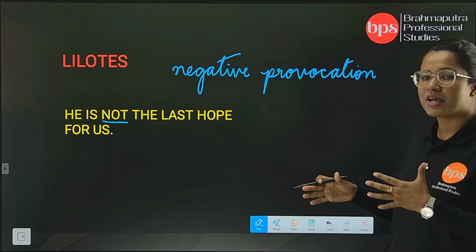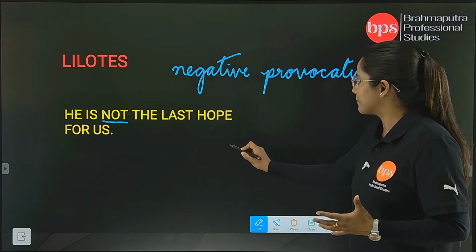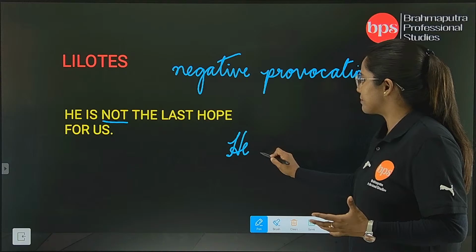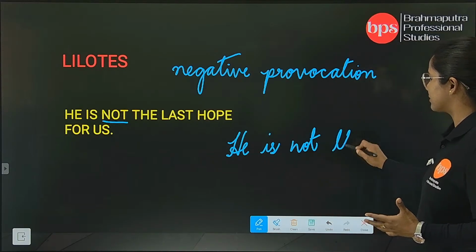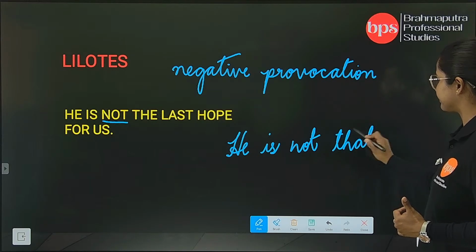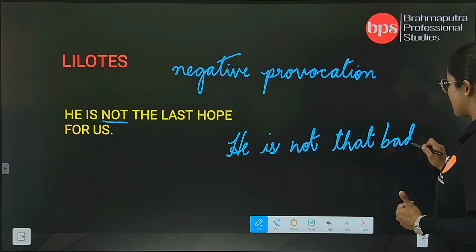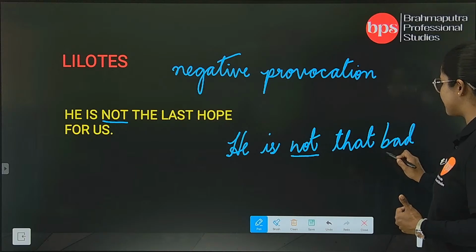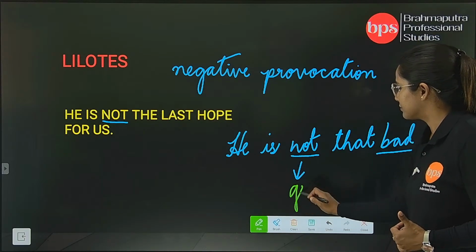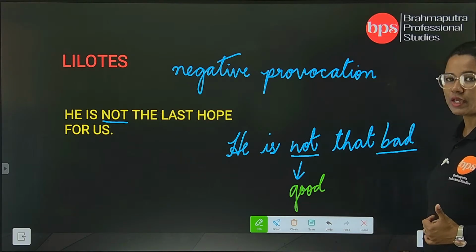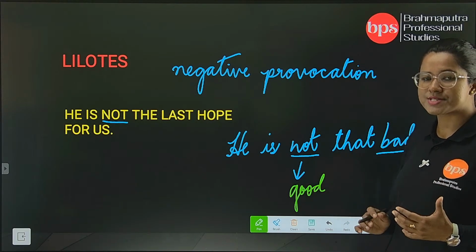Similarly, for example, he is not that bad. So here not and bad, that means he is referring to be good. Okay, can you understand now?